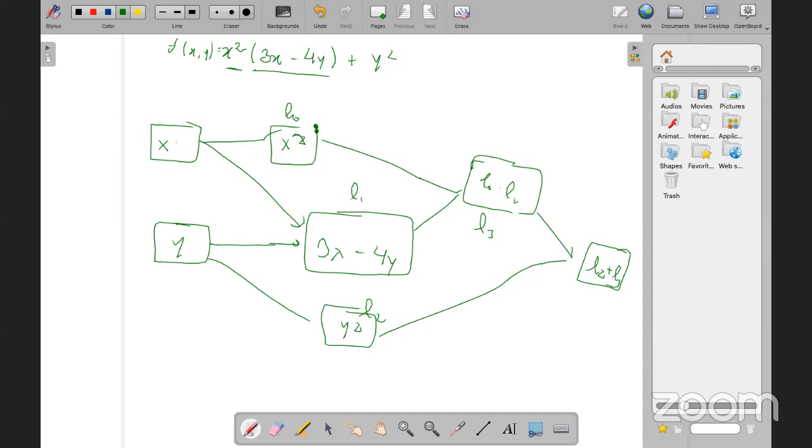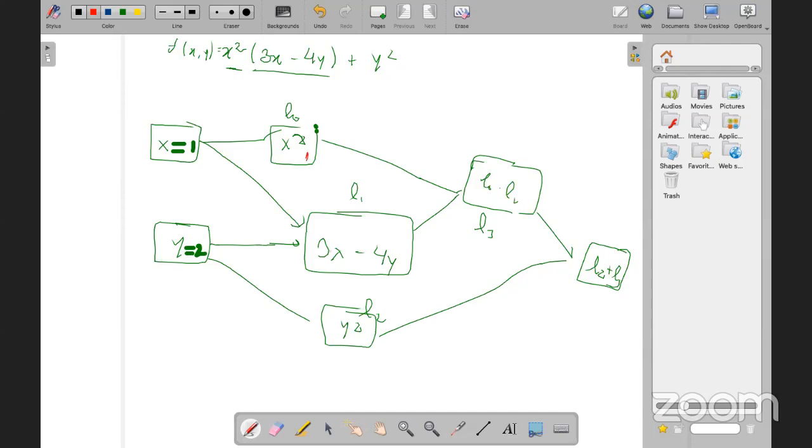So now we will fix some values. We will set, let's say, x equal to 1 and y equal to 2 or something of the sort. And then we will just pass those values through this graph. When you pass this from here, this will become 1, right? So let me change the color. So this becomes 1.